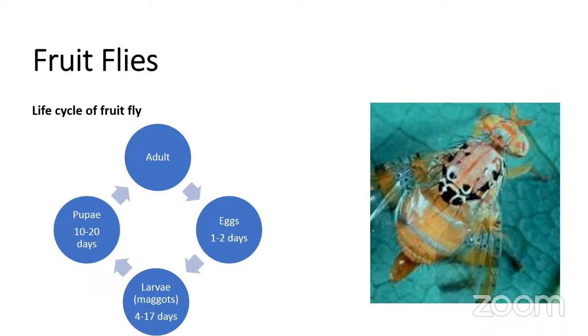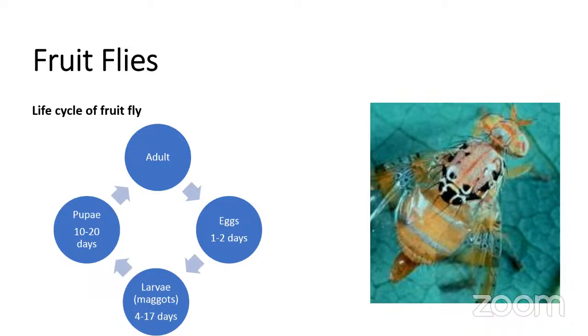These eggs, like I said, are laid under the skin of the avocado fruit. And within 1 to 2 days, they will hatch into maggots. And in the maggot or larva stage, they will stay between 4 to 17 days.